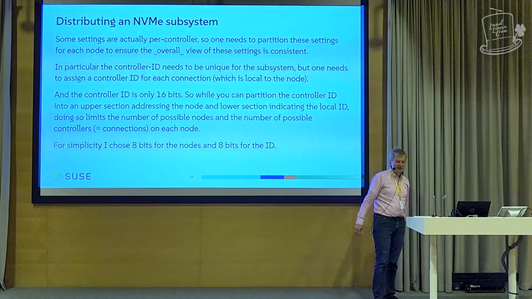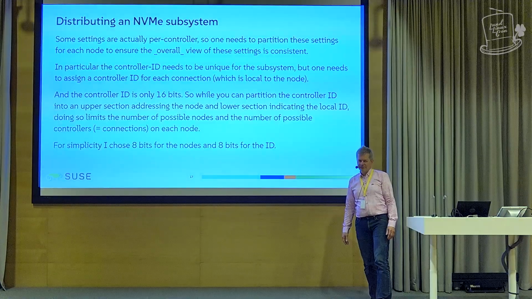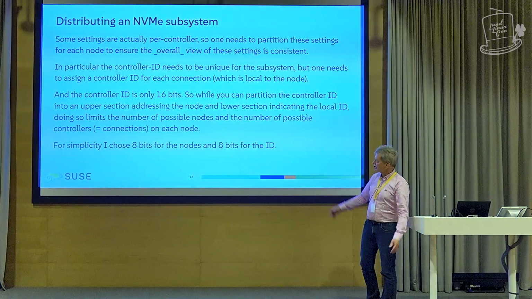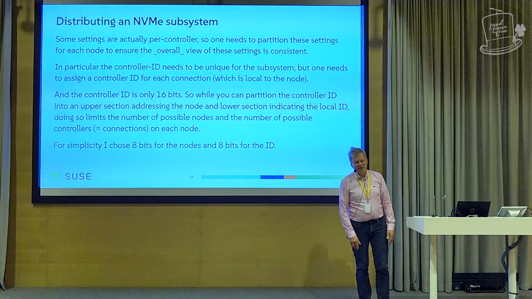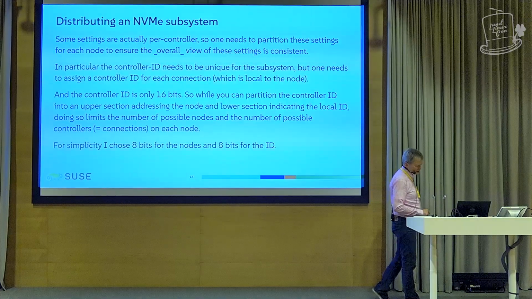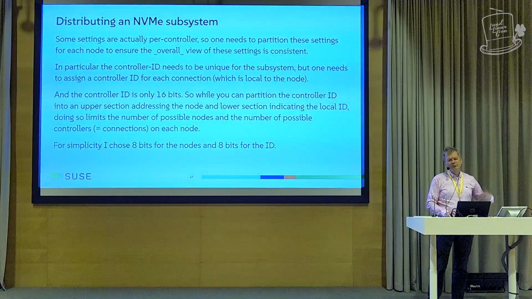We are still trying to figure out a way to overcome that, but in the meantime, it's there. So I split it in half, 8 bits for the nodes and 8 bits for the connection. It's still 255 nodes in the cluster, which is about fine, because that means I can just use a class C network. Okay, good.